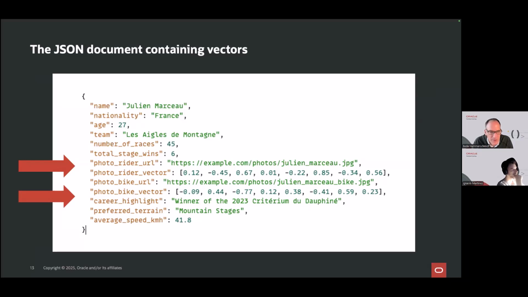This vector could already be embedded in that document when you insert it. I think this is what MongoDB asks their developers to do, to build the vectors outside. We can actually even build these vectors inside the database. So you could insert a JSON document without any vectors, and the database would vectorize the fields that you want to use for semantic search or similarity search. These could be text strings, which I think are the most common.